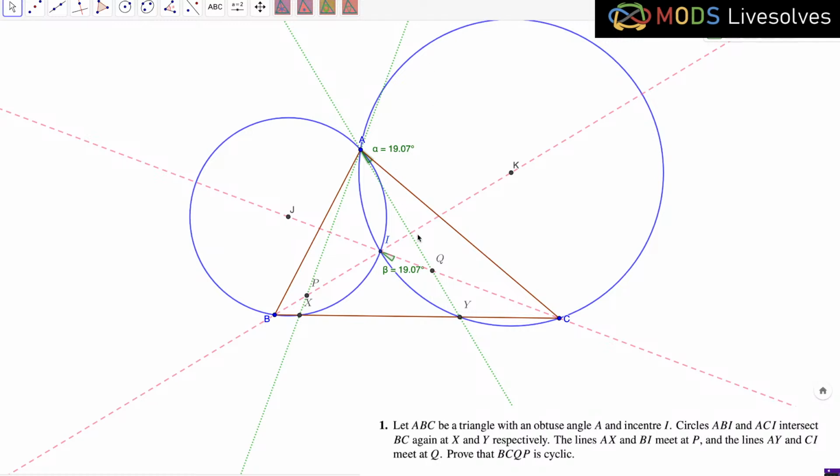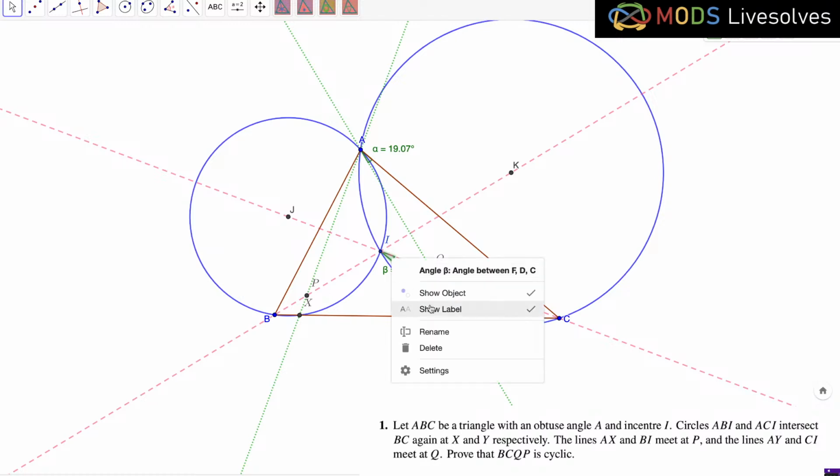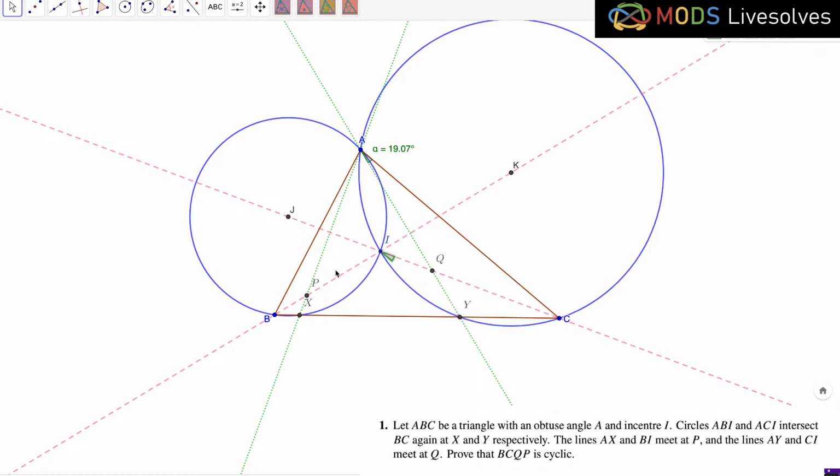So we've got angle AXY is equal to 90 minus C over 2. Still all assuming my claim. Wait, what claim? What you were trying to prove, basically.